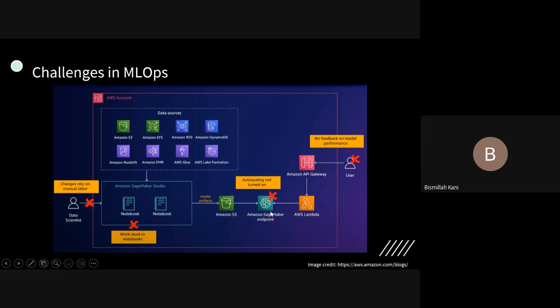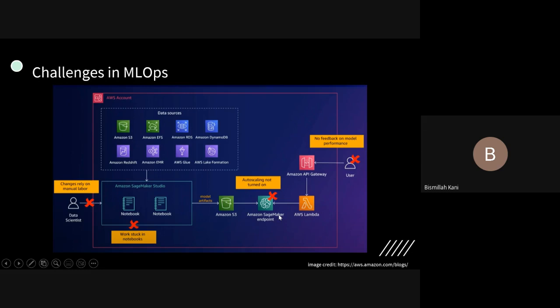you don't configure your endpoint for auto scaling, right? Because you don't know what kind of traffic you might expect once you productionize your model. It might be that your model has gained a lot of traction, and a lot of users want to use your model, but it is just one single instance you have deployed.